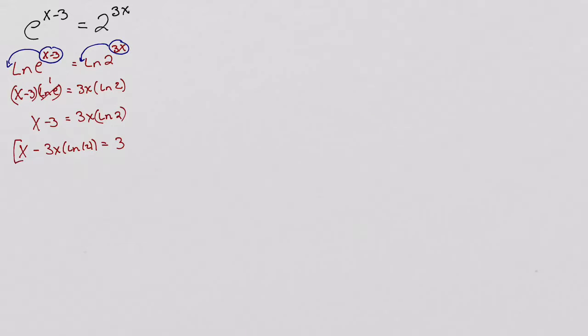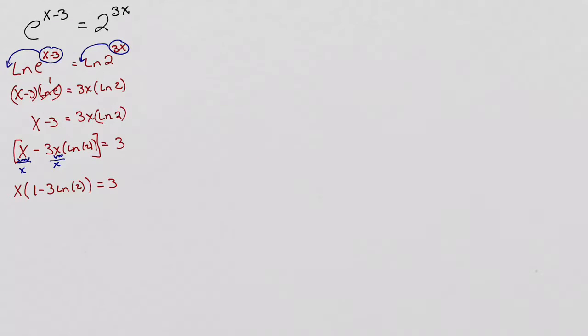Now if you look at each of your terms here, they now have an x in them, so you can actually factor that out. I'm going to factor this x out and this x out, and when I do that, I'm dividing by x because I'm going to be multiplying by x, so we make sure that we don't change the equation. So I'm going to get x times 1 minus 3 ln of 2 equals 3.